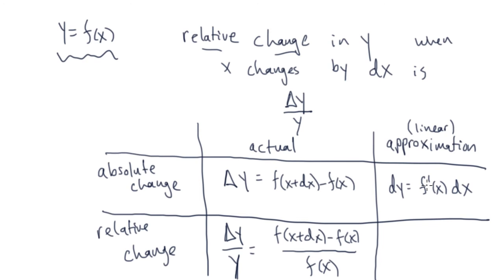And then we also have the linear approximation to the relative change, which is dy over y, which is f prime of x dx over f of x. Okay, so we have absolute change and relative change, their actual values, but then we also have their linear approximations, which require less information to find.